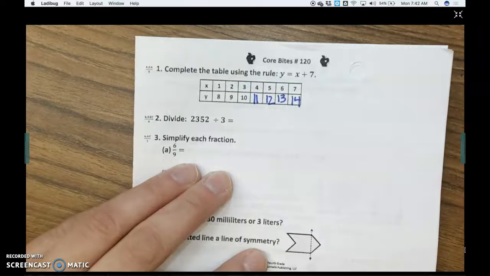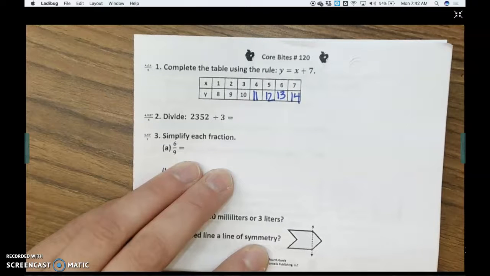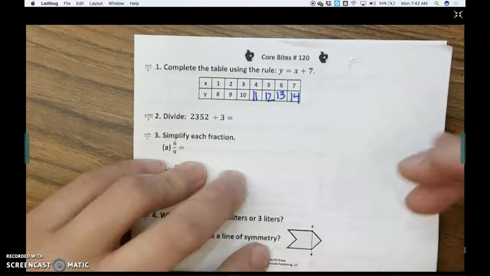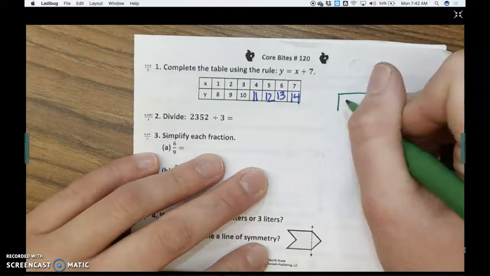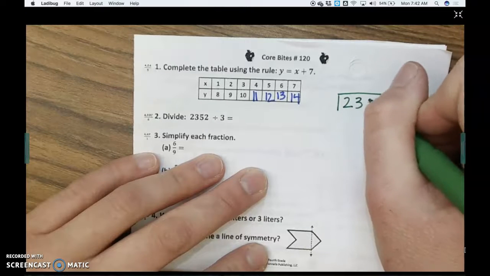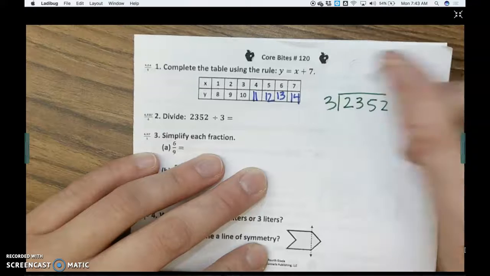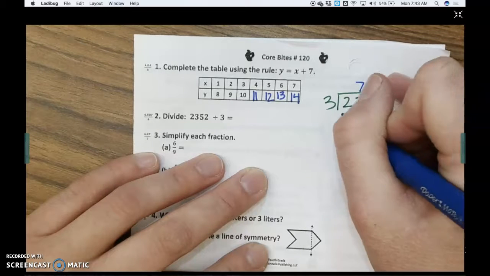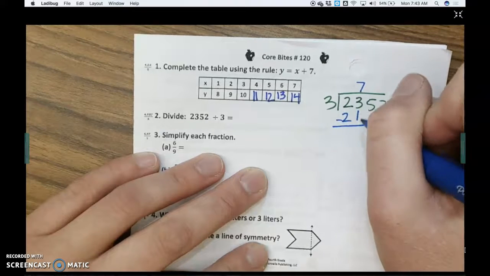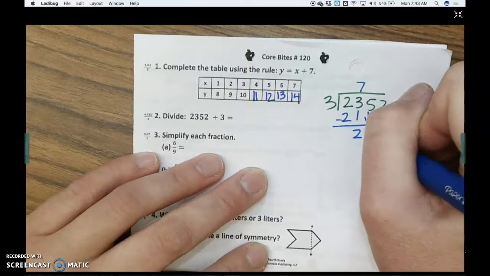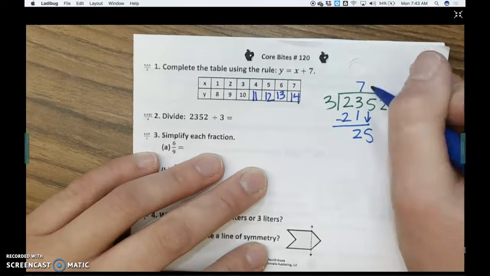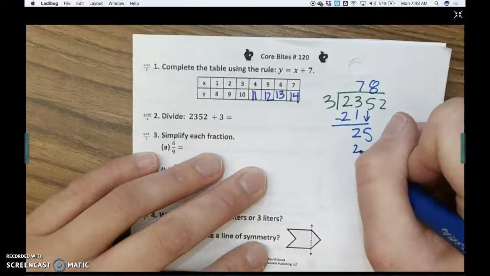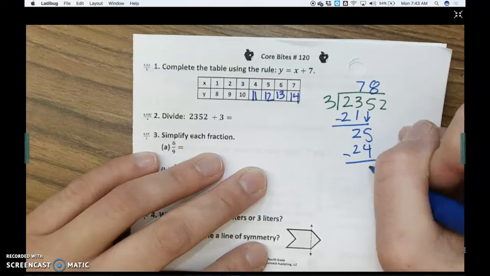Alright? For number 2, you're going to divide 2,352 divided by 3. 3 cannot go into 2, so you go to the next number. 3 times 7 would give you 21. 23 minus 21 would give you 2. 3 times 8 would give you 24. 25 minus 24 would give you 1.